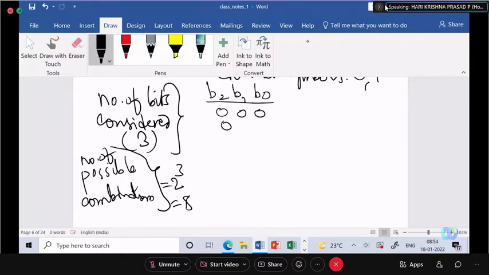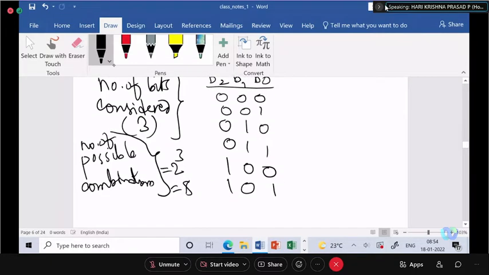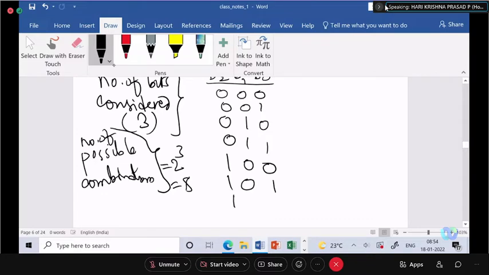So what are those possible combinations? I am putting down those possible combinations. These are all the possible combinations we have. So I should accommodate all the possible combinations in this space.